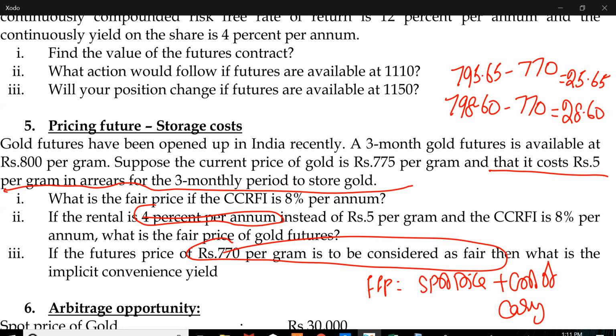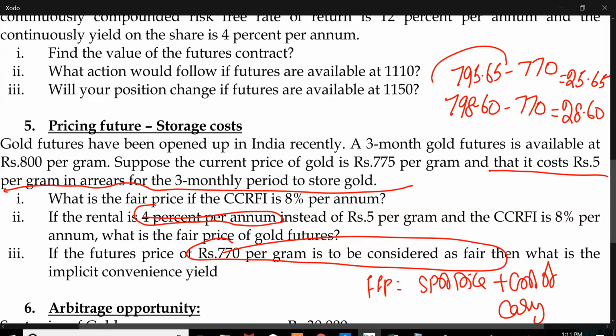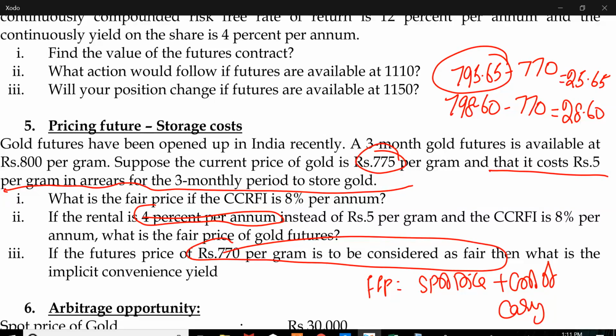Listen, you got the price as 795. Whatever price you get minus the spot price is the cost of carrying the asset. That is the cost to carry the gold for a period of 3 months. So 770 equals 775 plus 20.65 minus 25.65.